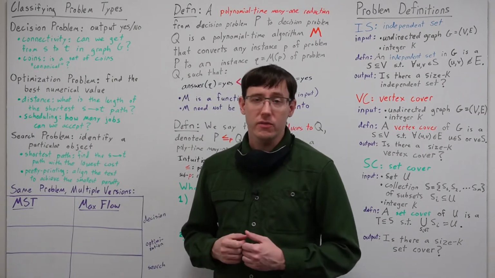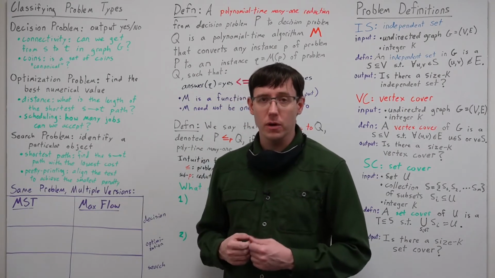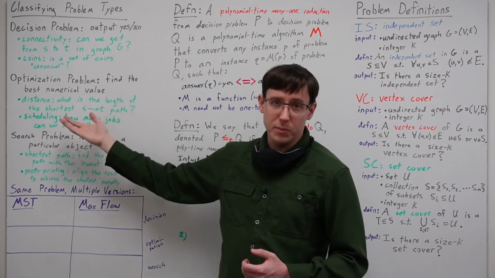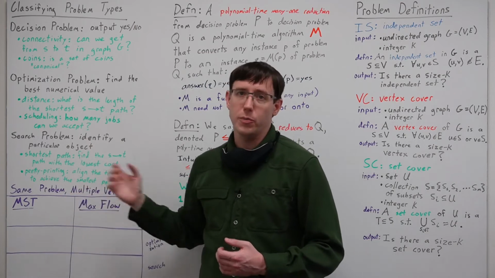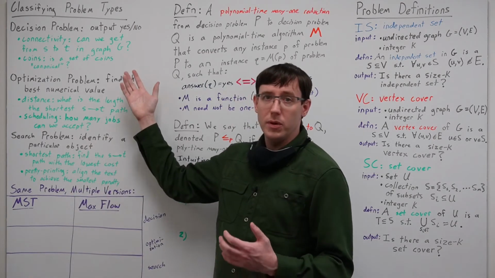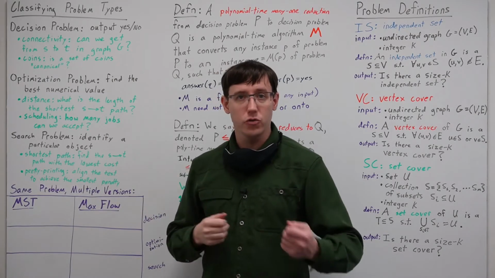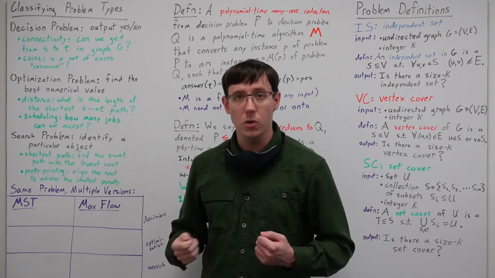Most of the problems we have seen and written algorithms for can be classified as decision problems, optimization problems, or search problems. A decision problem is one where we are trying to produce a Boolean output, like true-false or yes-no.